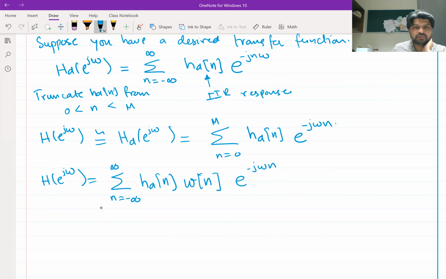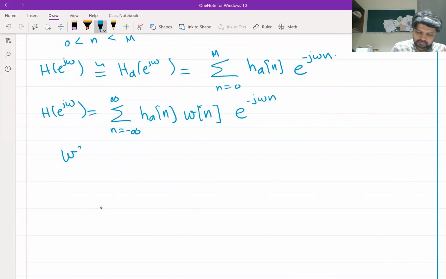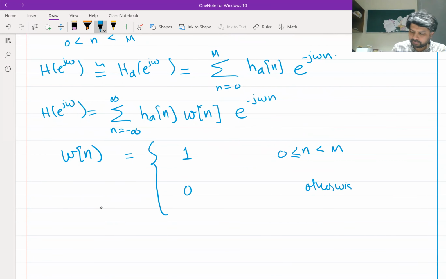So you would multiply your hd of n with a windowing function w of n, and one of the possible windows is that w of n is equal to 1 for n between 0 and M, and it is 0 otherwise. So this is the so-called rectangular window, and it has abrupt discontinuities at n equals 0 and n equals M.